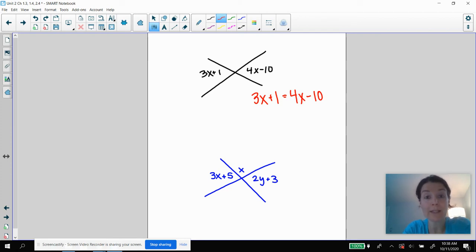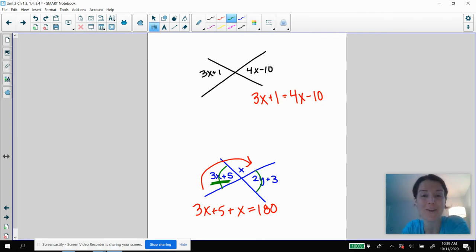So you want to solve for x first. So you do a little subpost. So you know that 3x plus 5 plus x equals 180. And then once you know what x is, you can plug it into this guy. And then you know that this and this are congruent because they are vertical angles. So then you can set them equal to each other and solve for y.